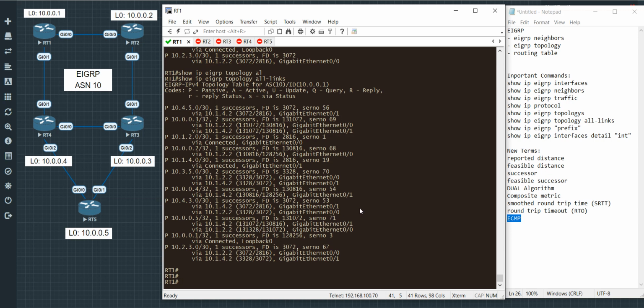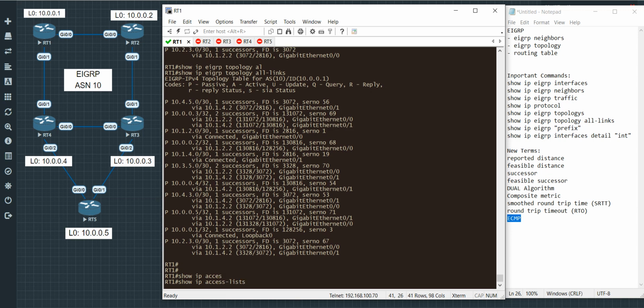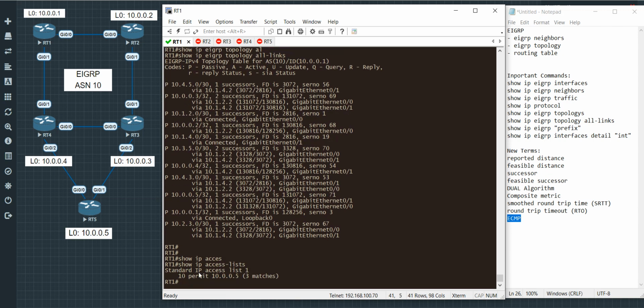So let's take a look at that. I can create this ACL, ip access-list 1, and we can make it permit 10.0.0.5.